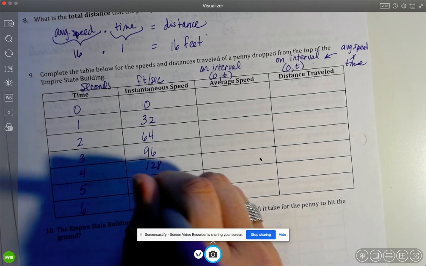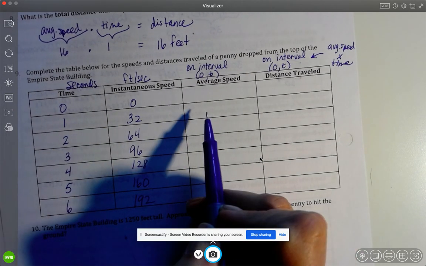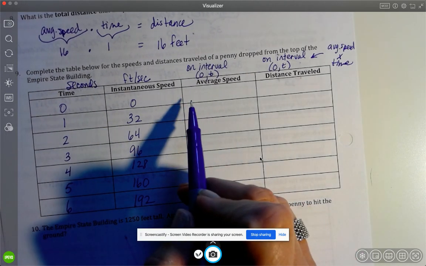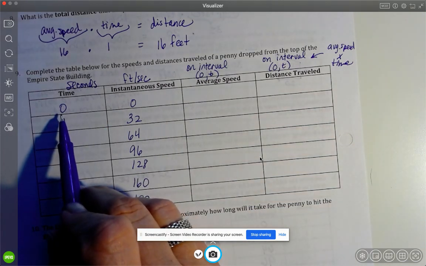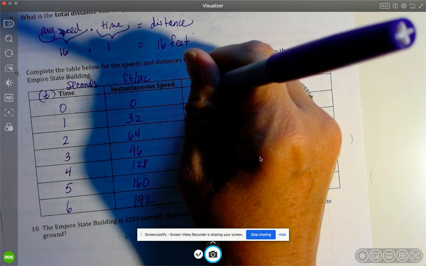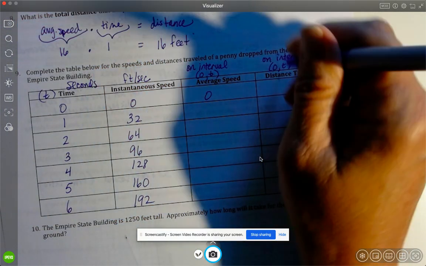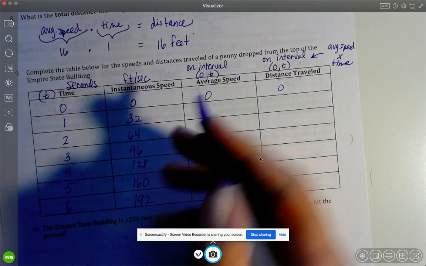Because you just keep adding 32 to that. But then this is the part you really need to think about. What's the average on the interval 0 to 0? Well, it's 0, so it's traveled distance 0. But what's the average on interval 0 to 1?